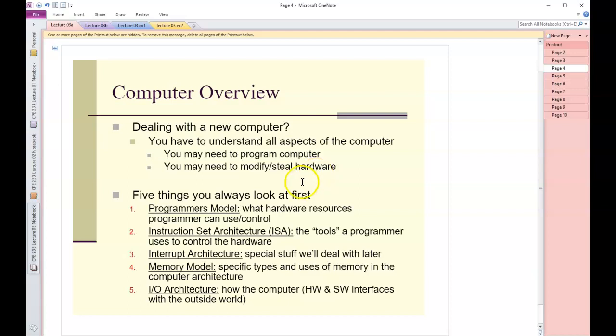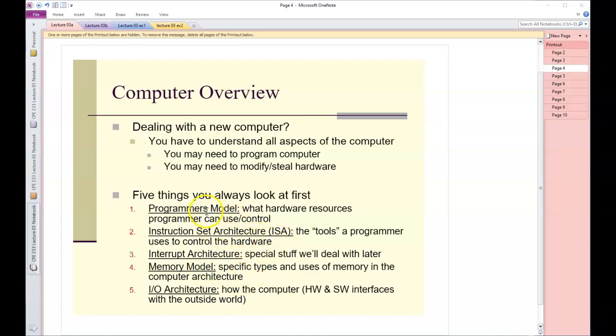So you've got a new computer. What you need to do is understand all aspects of it. Like I said, you may need to modify or steal from it. Every computer has hardware in it and you think, that's a good idea, I'm going to use that in my computer. So anytime you have a new computer, these are the 5 things you look at. We've mentioned them before.